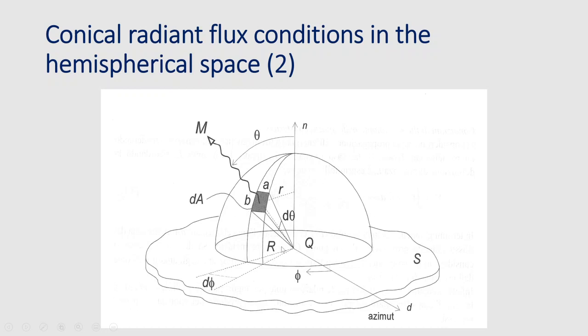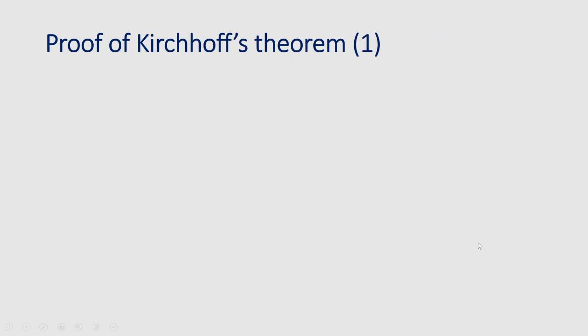So these are the different quantities: the normal, the incident angle, and the reflection angle theta 1. Here you also have to imagine a radiant flux that has this aperture, the phi and the theta, that is the aperture of this point Q that is reflecting energy in this particular position.